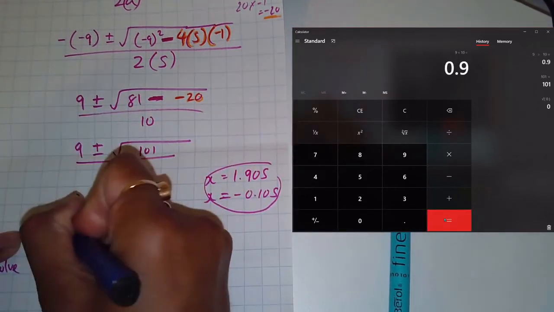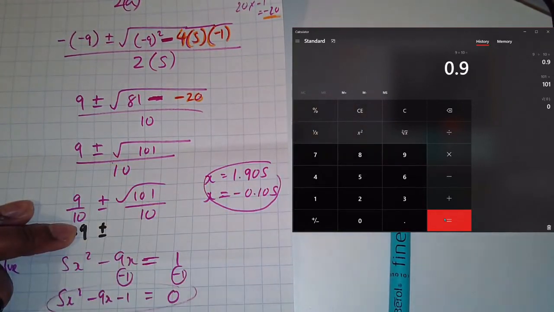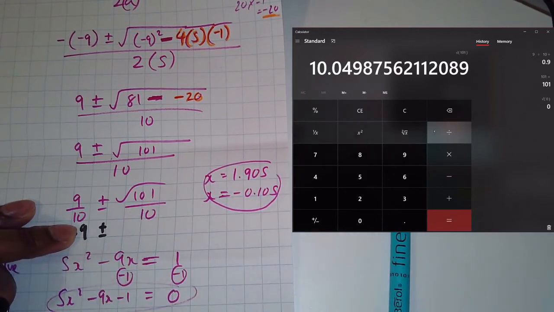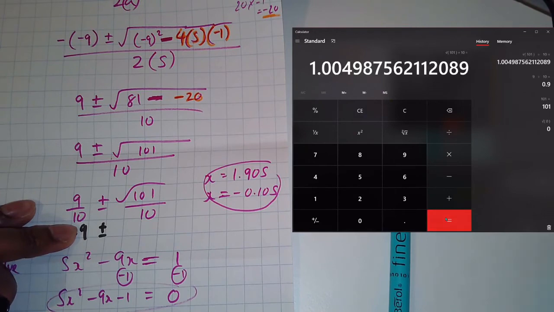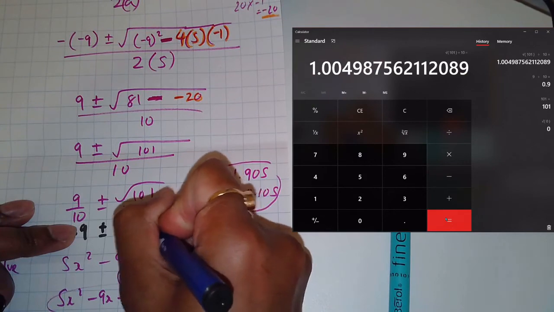So that bit there is 0.9. Got the plus and minus. Square root of 101. On this one, you have to type in 101 first, and then press the square root button, which is over here. 10.04, and then over here, divided by 10. Press the equal button. I get 1.005 rounded.